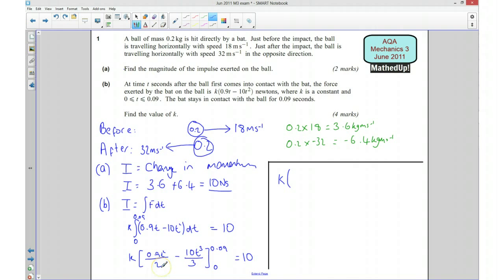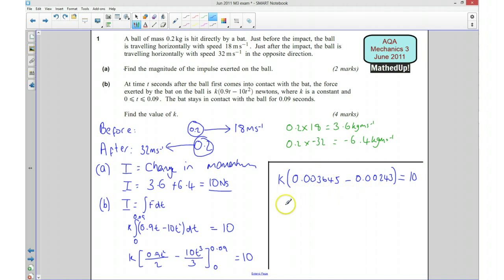If I work that out, I have 0.003645 take away 0.00243, and that's going to be equal to 10.